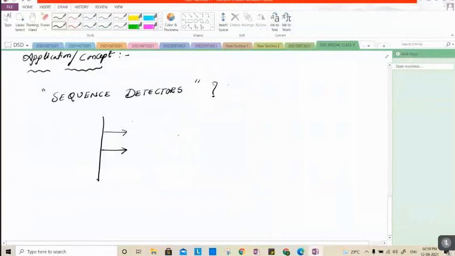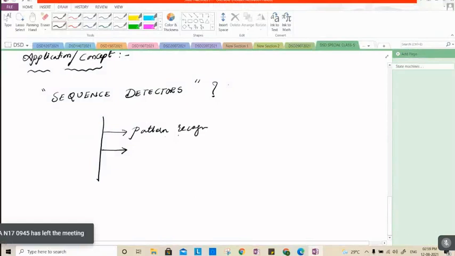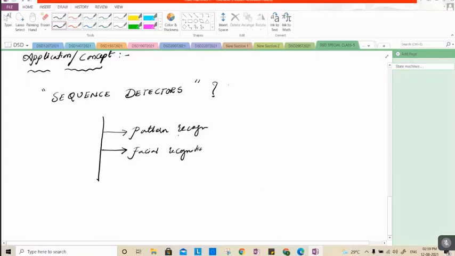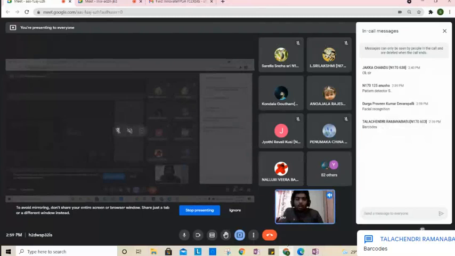So facial one is pattern recognition. Any other answers? Barcodes.